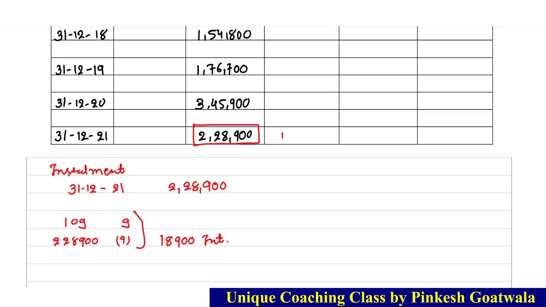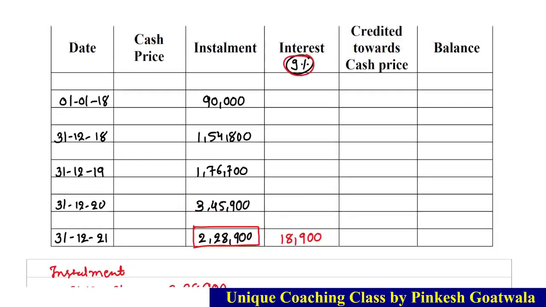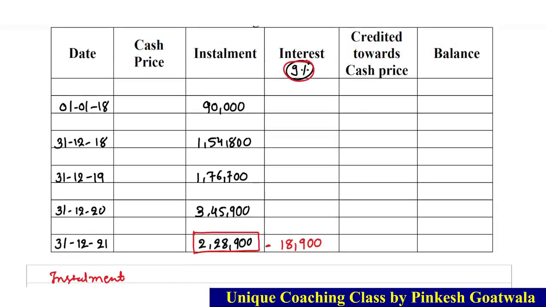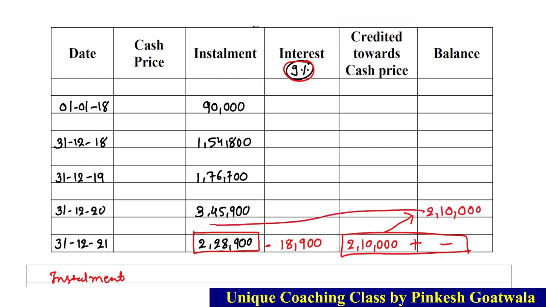So here you will get the interest 18,900. Now from this installment we less this interest, so here you will get 2,10,000. And we know that the last balance is always nil. We total both, so here we get the balance 2,10,000, and this balance transfers to the next year.